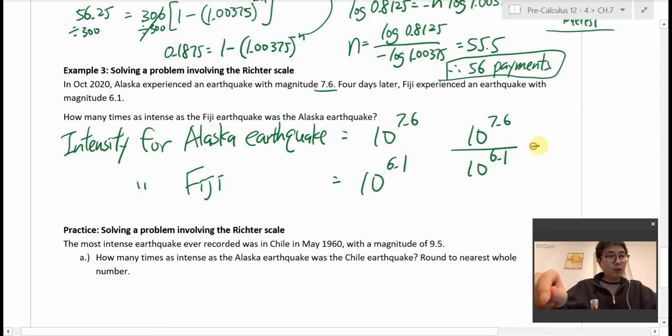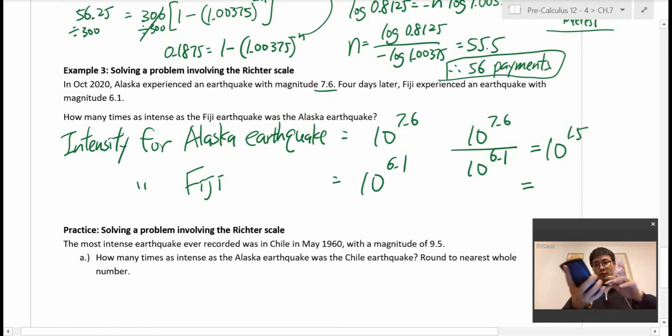So dividing is right, except that you are actually dividing 10 to the power of the magnitude. This tells you the intensity. It's not just 7.6, it's 10 to the power of 7.6. Again, remember, earthquake is about base 10. Now this we can reduce to 10 to the power of 1.5.